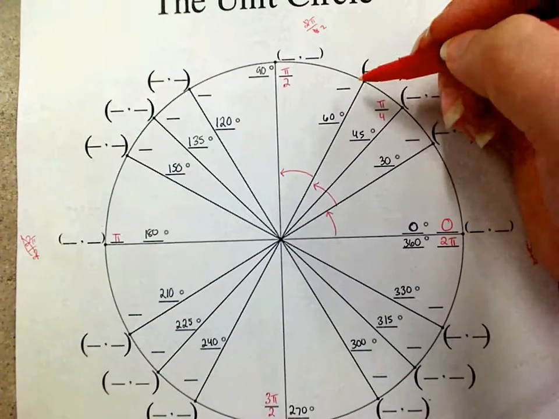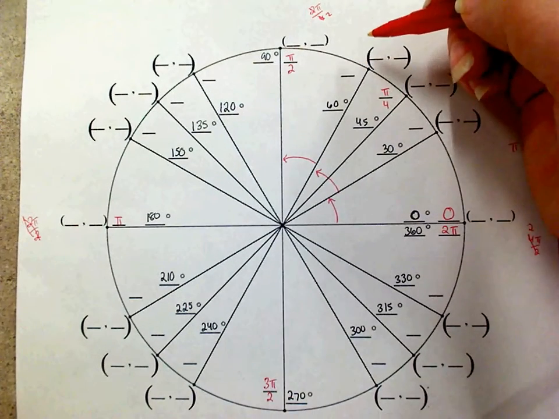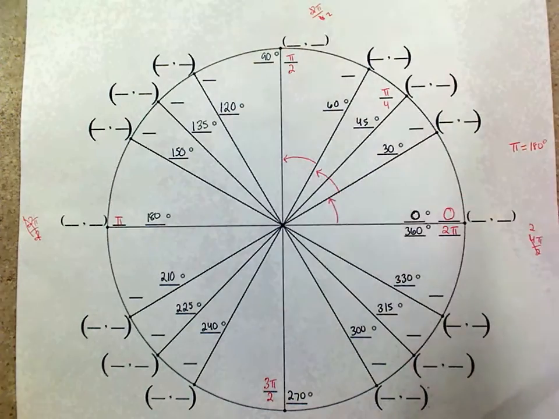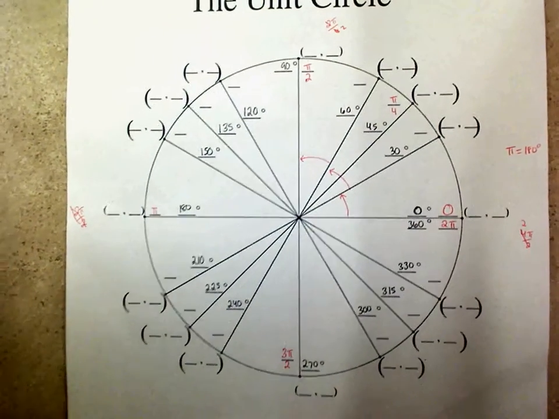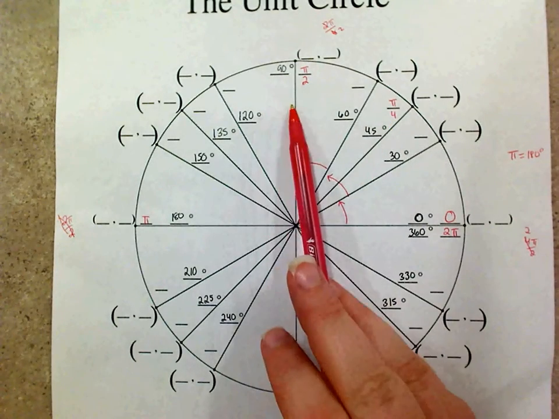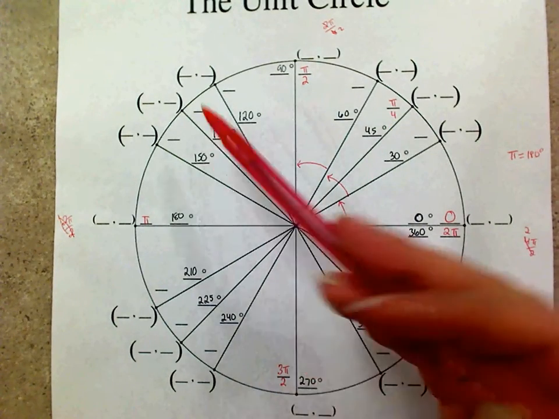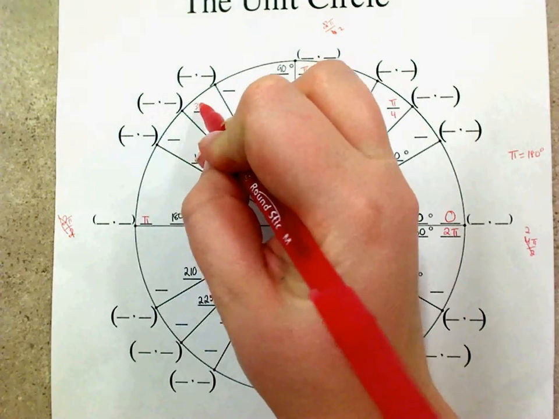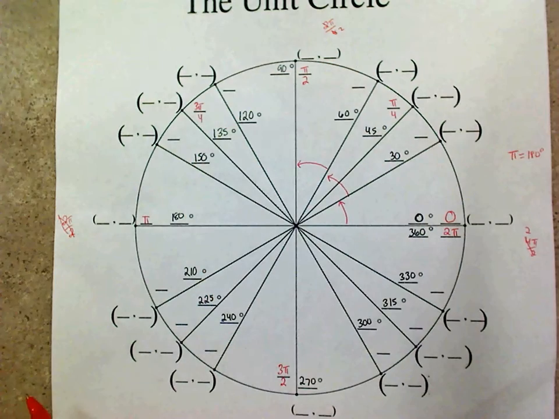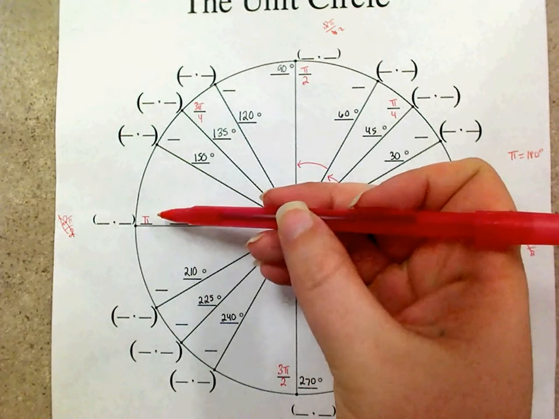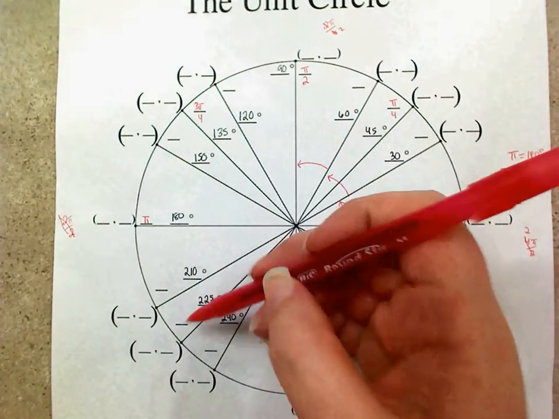Counting by fourths, I've got 1/4, 2/4, 3/4, which makes sense. It's 3/4 of pi. 4/4 is again pi. 5/4 right here.